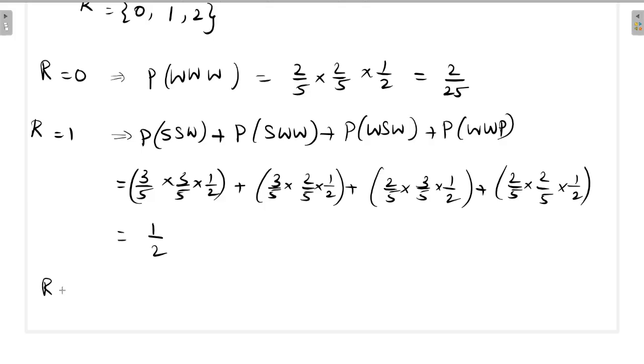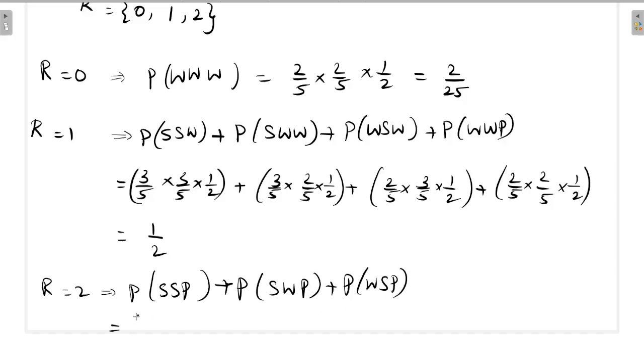Now R equal to 2. So here the probabilities are SSP plus probability of SWP plus probability of WSP.